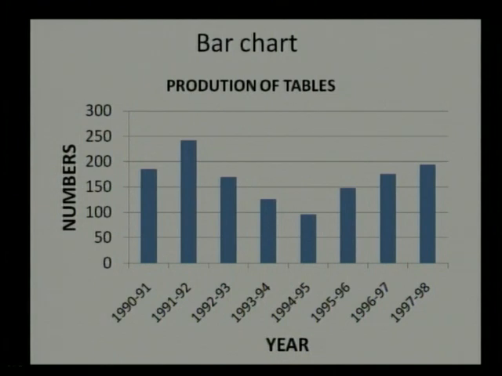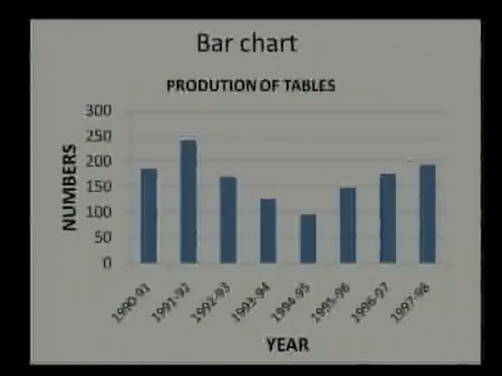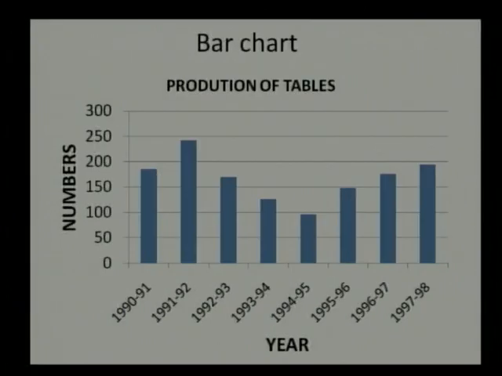The production in different years can be represented, as you can see on your screen, with these columns. The structure of the graph indicates that in 1991 to 1992 the production is highest, whereas in 1994 to 95 the production is below 100. So this is how one can easily understand and compare the data in graphical notation.